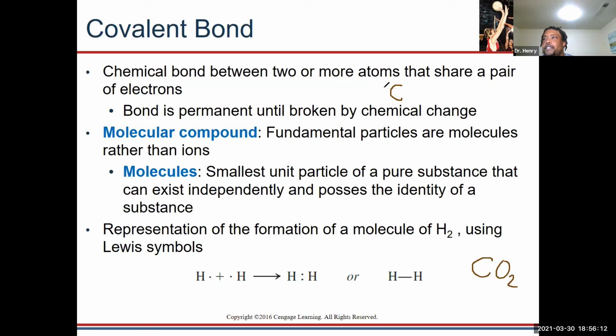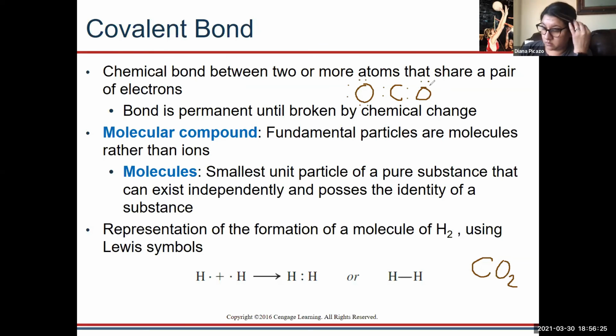Okay, so carbon has how many valence electrons? Carbon has 4. Okay, oxygen has how many? 6, and you have 2 of them, so 12. Okay, so altogether we have how many electrons to work with? 16. Okay, so what do I need to do to make this work?